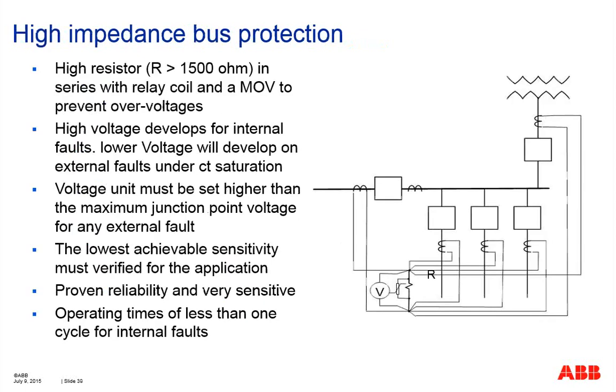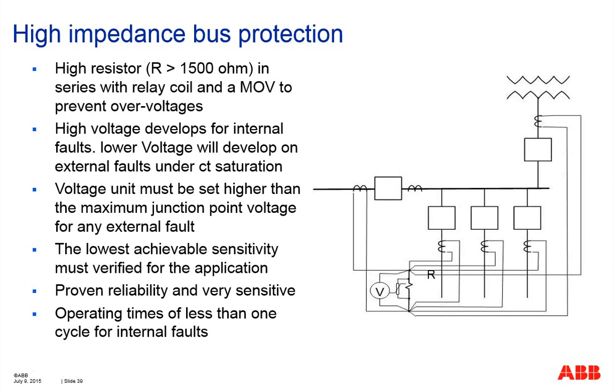Next, it comes to the high impedance bus protection. Okay. So for the high impedance bus protection, it's very similar. What you do is you put a high impedance, like over 1,000 ohms, in series with your relay operate winding.